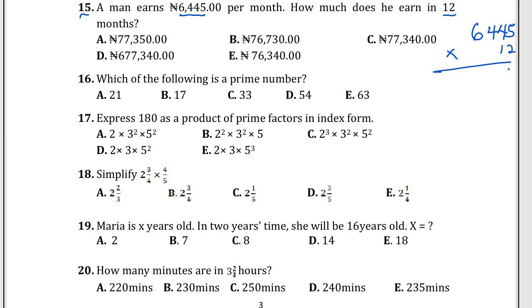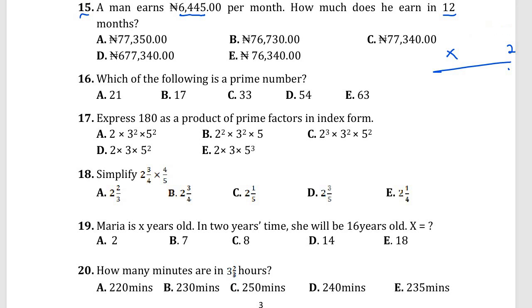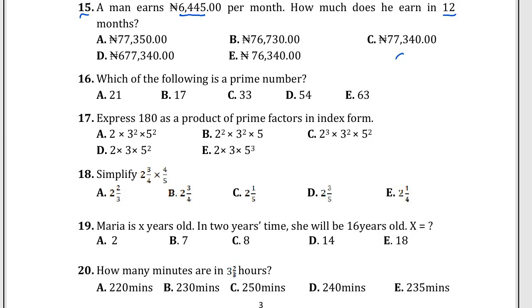Okay, let me rewrite it for the sake of clarity. We have 6, 4, 4, 5 times 12. 2 times 5 is 10. 0, 1. 2 times 4 is 8 plus 1, 9. 2 times 4 is 8. 2 times 6, 12.